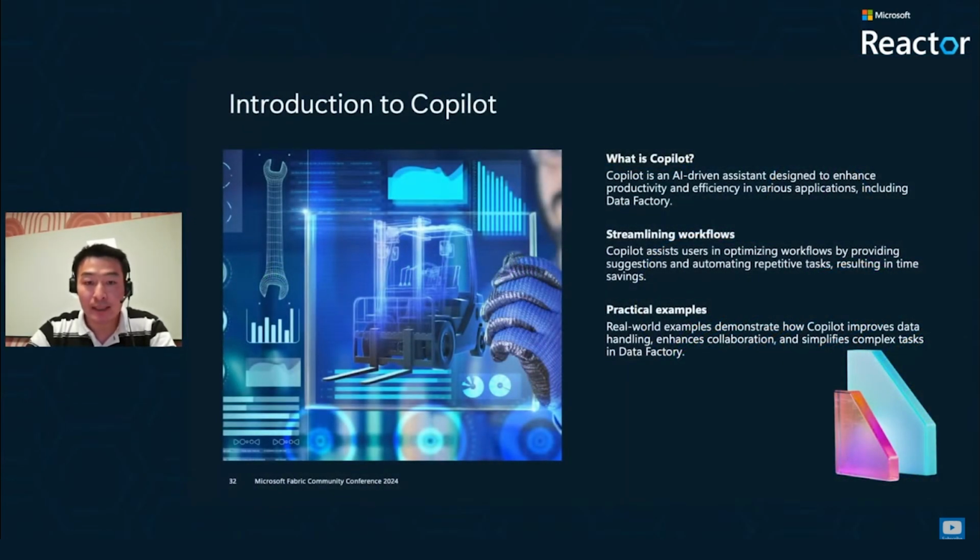Here we can see that basically Copilot is an AI-driven assistant that enhances your productivity by providing suggestions or automating any of your tasks. So it will be working closely with you side by side to make you very productive and help you be more successful when you create your data integration solution.